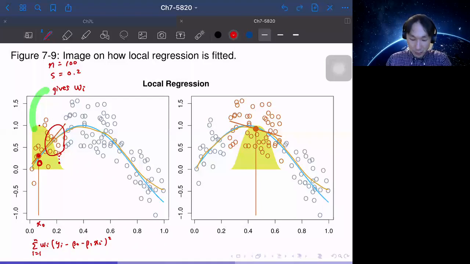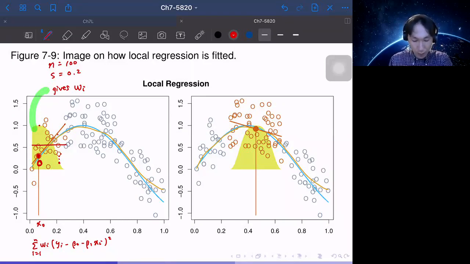But if we think about an even simpler model, instead of fitting the straight line, we just fit a constant on these 20 observations. Then it probably has a positive bias, because most observations have a larger x value than x0, and also a larger y value than this point.